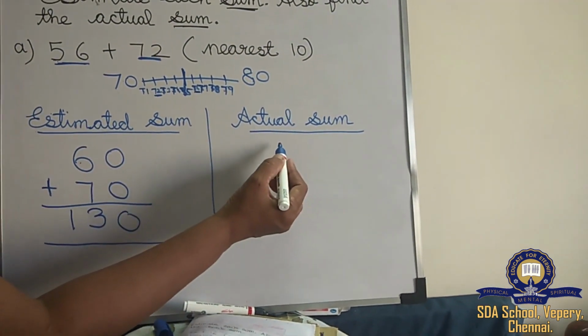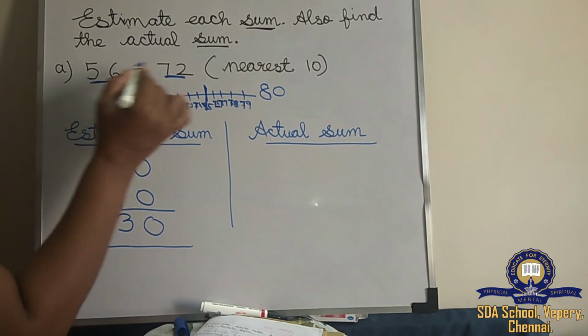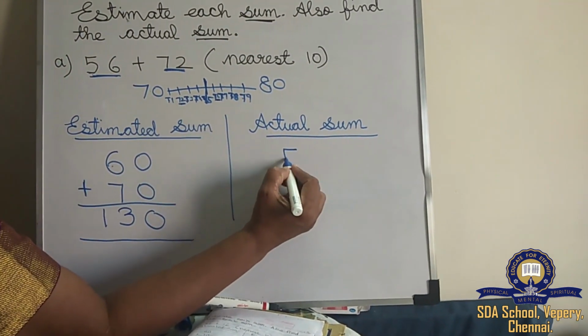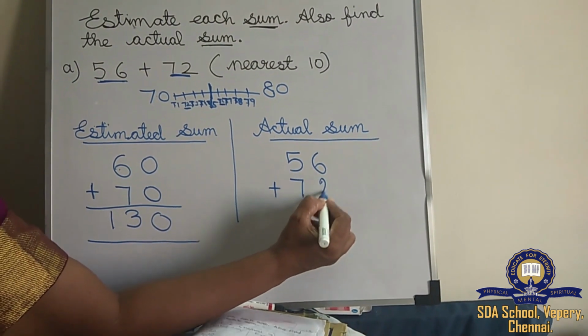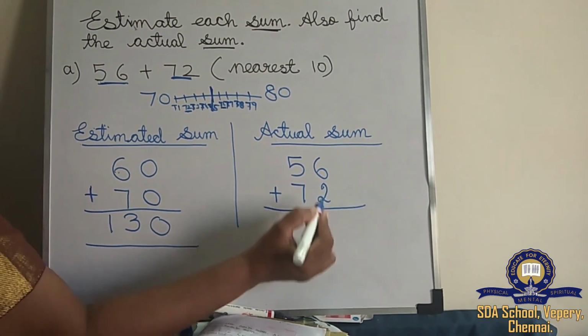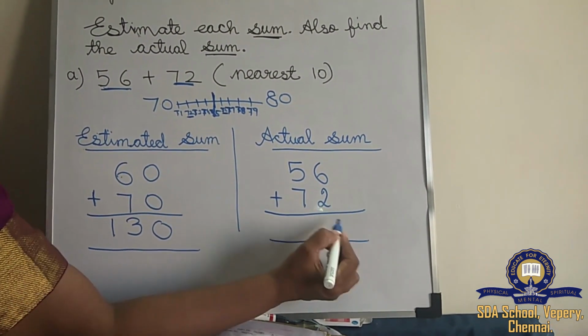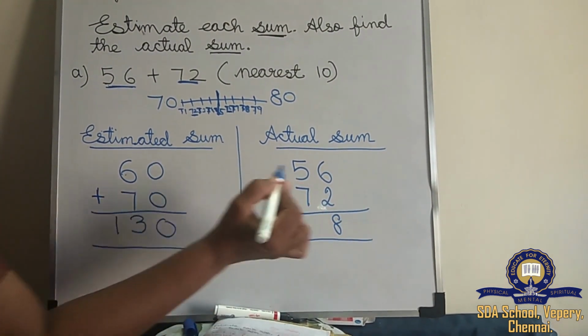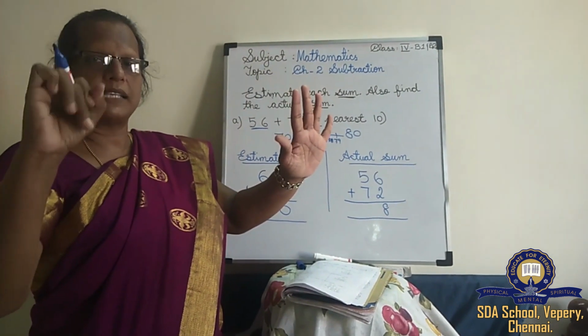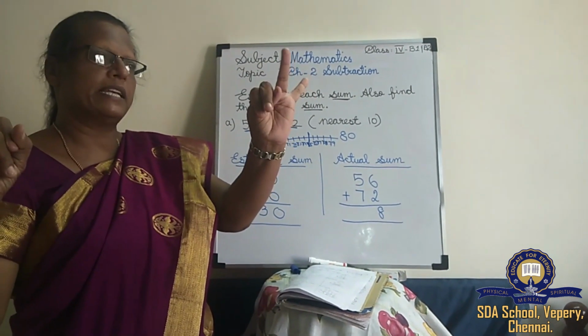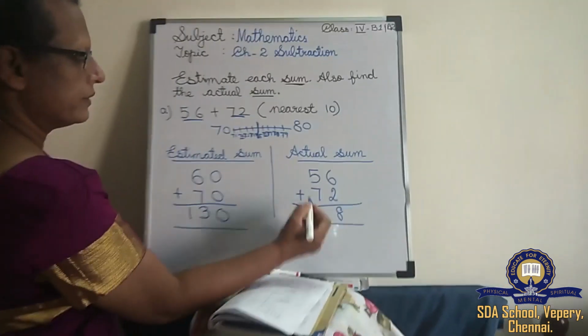And see here, for the actual sum, what you have to write? The same numbers you have to write: 56 plus 72. 6 plus 2, what, children? 8. 5 plus 7, 5 in the mind, 7 on the fingers. After 5: 6, 7, 8, 9, 10, 11, 12.